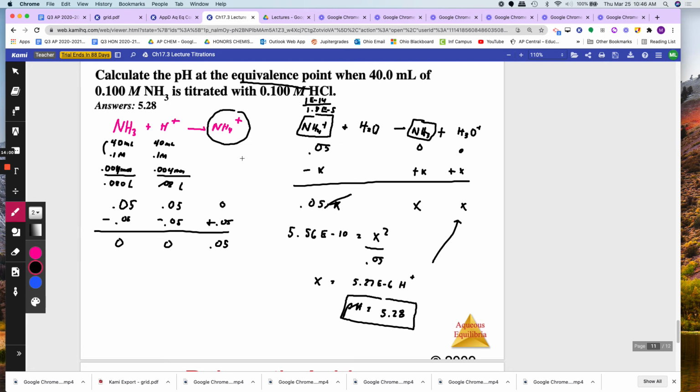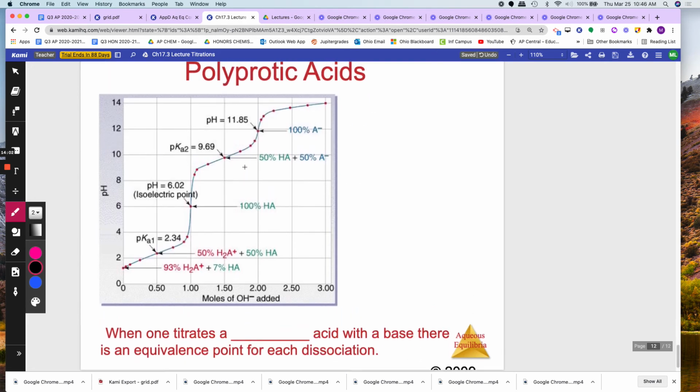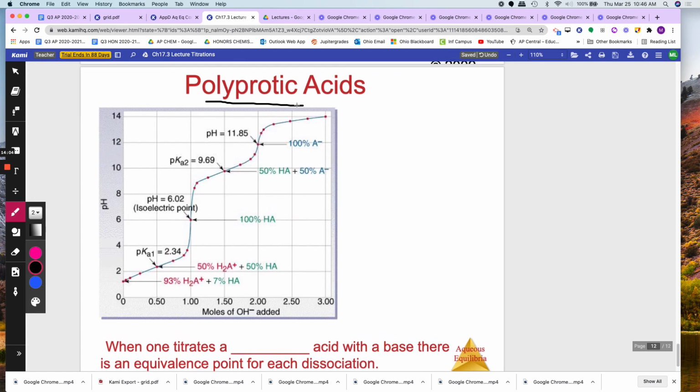Okay, last idea is the idea of polyprotic acids. Poly means many, protic means H pluses. So this acid has many H pluses. An example would be H2CO3. When H2CO3 dissociates, you're going to get H plus and HCO3 minus.